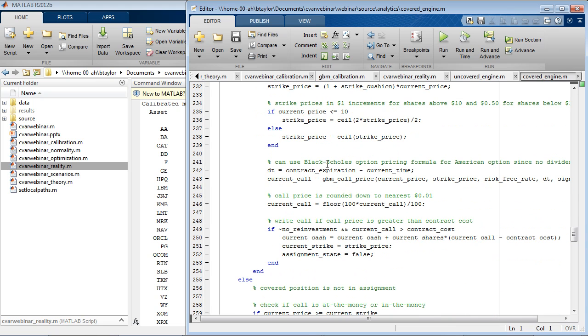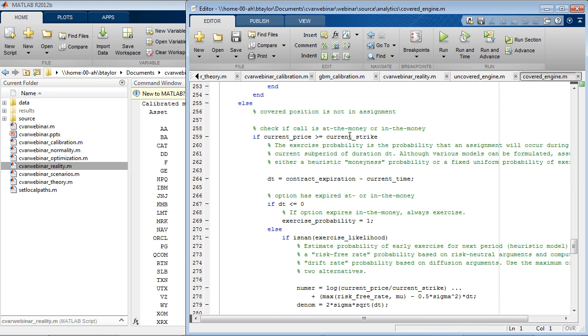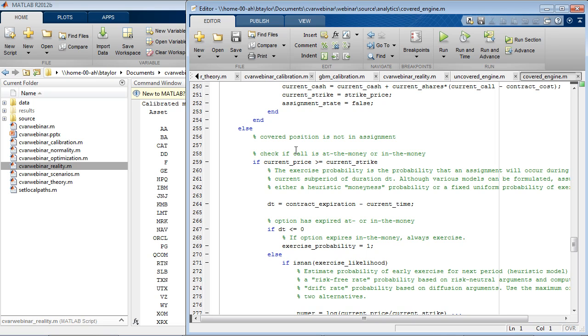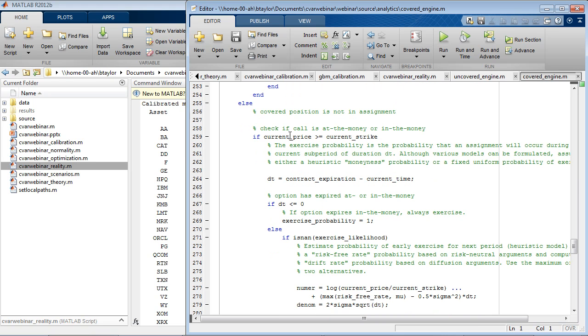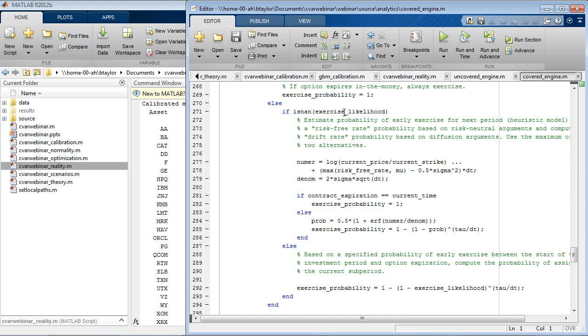So then it writes the call, and if expiration occurs, there are some other things that happen, and then assignment is done. If you have a covered position, if you're not in assignment, you have a covered position, and so if the stock price goes above the current price, then it computes what the likelihood of early exercise might be. And there are two different models that we're looking at here.